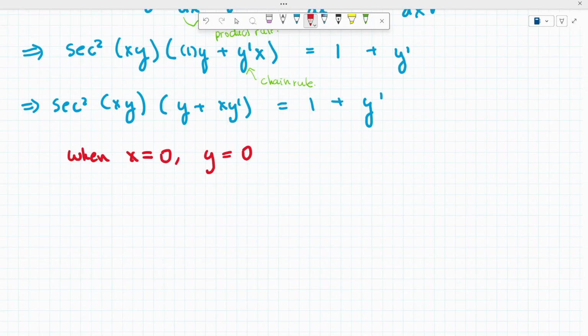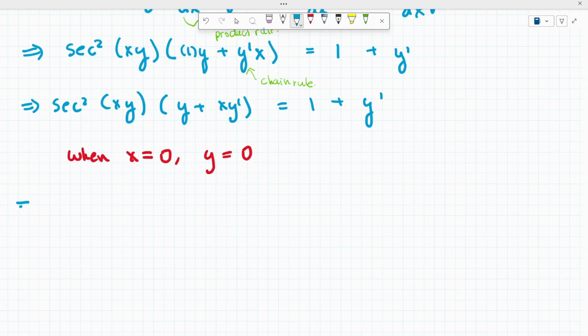And then we can apply that over here, so that we're essentially going to be plugging in the point (0, 0) into our derivative to find what is the answer when y prime is at 0. So what is the answer of y prime when x is at 0?